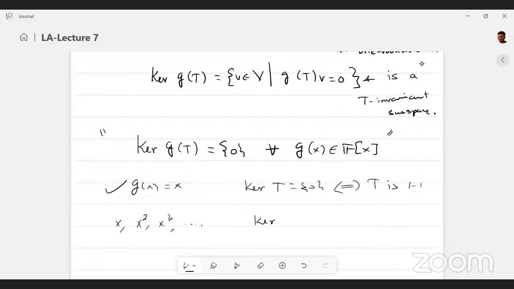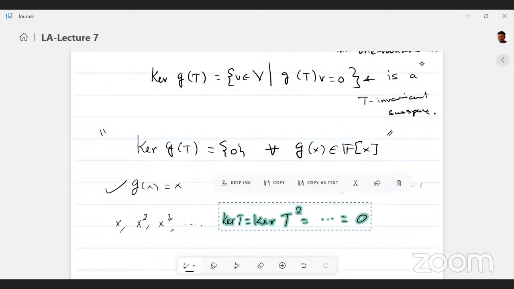If all kernels are zero, then what? So will the matrix be nilpotent in this case? I mean, I have to check it rather. No, that you can't conclude.